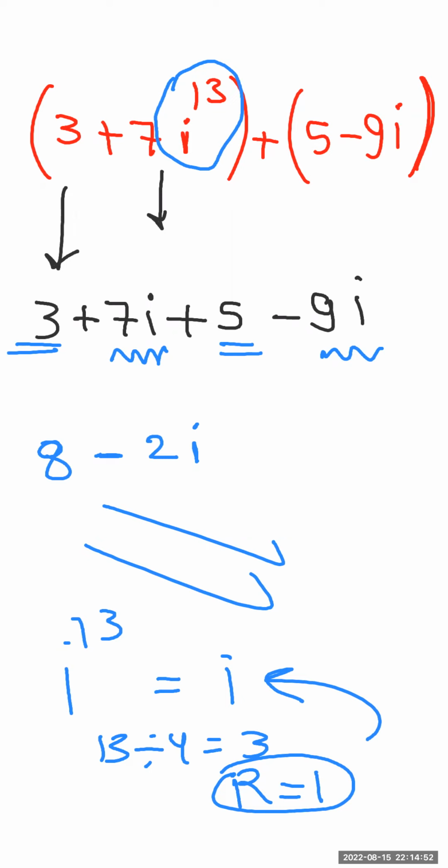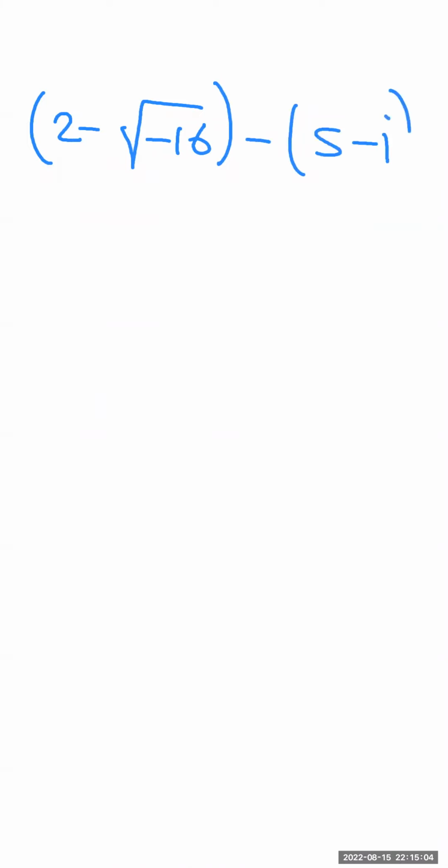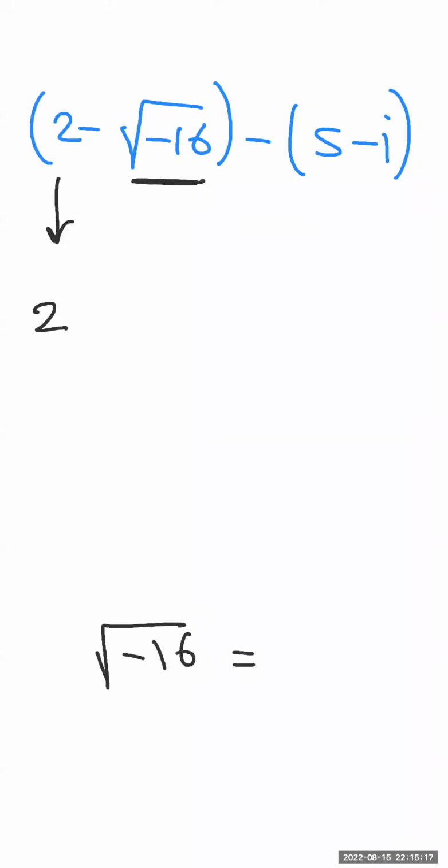Okay, another question. 2 minus square root of -16 minus 5 minus I. Here, this process is a subtraction. So now the first term is 2. This term, square root of -16, will equal 4i, correct?